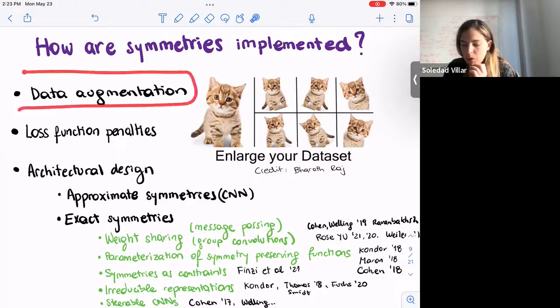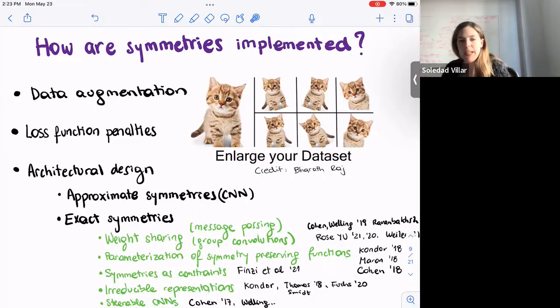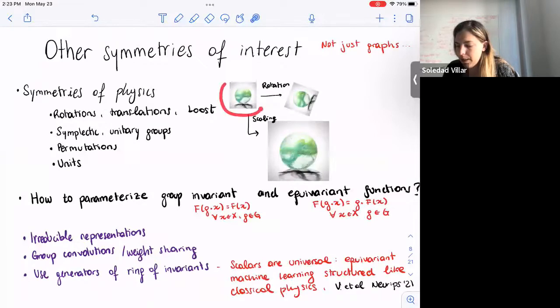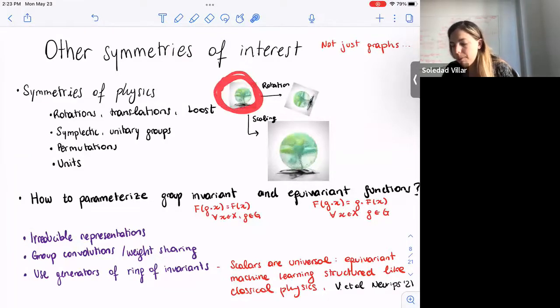I think that the most common way people implement symmetries is via data augmentation. Say you have a particle simulation and you have the predictions of this particle simulation, and you know that if you rotate the input, the prediction should rotate.